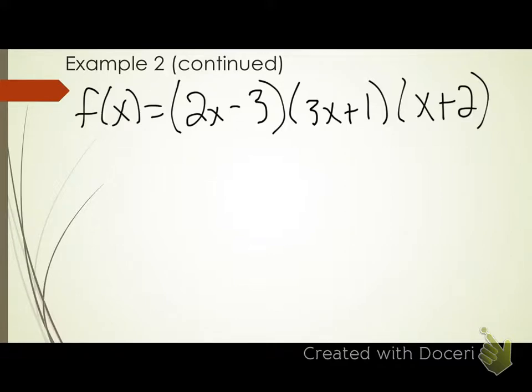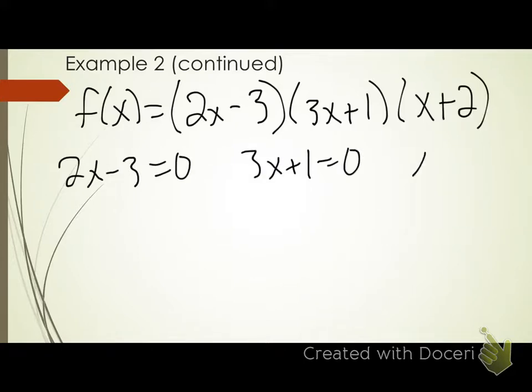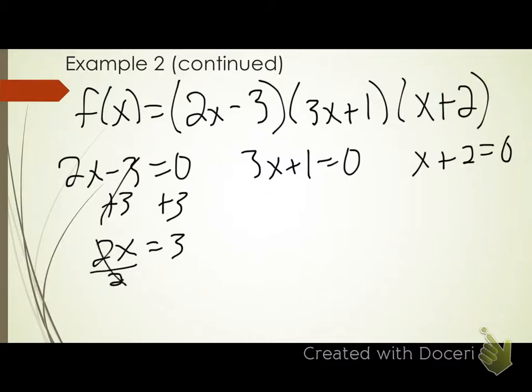So I just set all my factors equal to 0 and solve for x. So add 3, divide by 2. We already knew that x equaled 3/2, using our location principle and our rational root theorem in synthetic division.